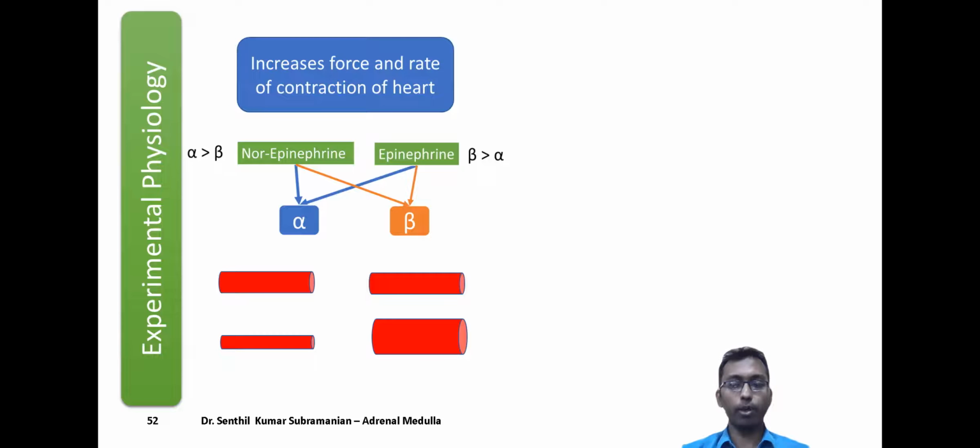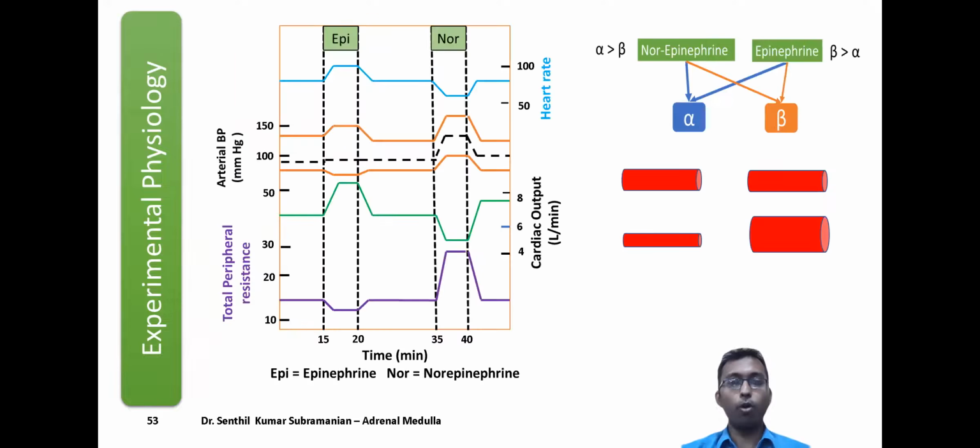Let us bring it into an integrated cardiovascular response and see what the response of the cardiovascular system will be if epinephrine or norepinephrine is infused. When epinephrine is infused, as we have seen, it acts on beta receptors to cause vasodilatation. When there is vasodilatation, the total peripheral resistance, depicted in purple, will go down.